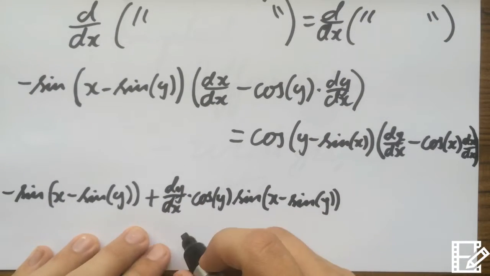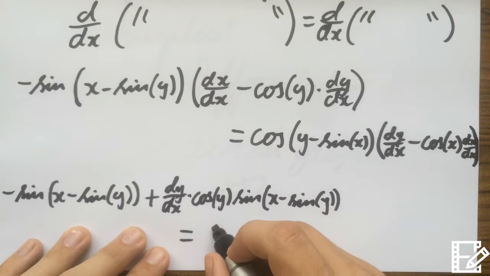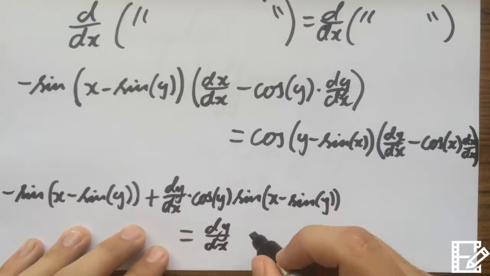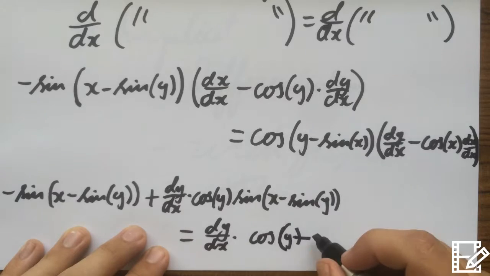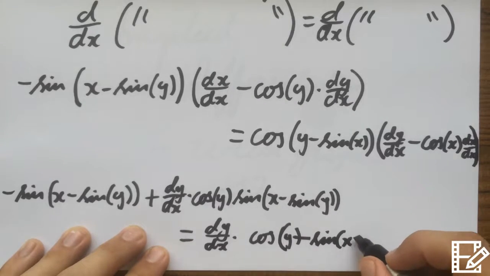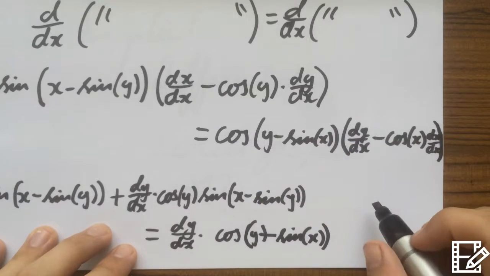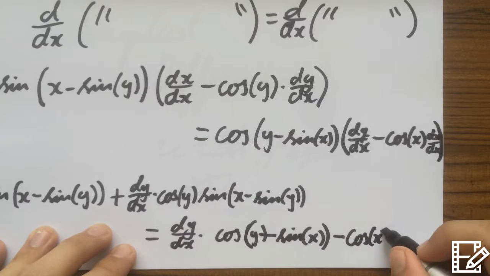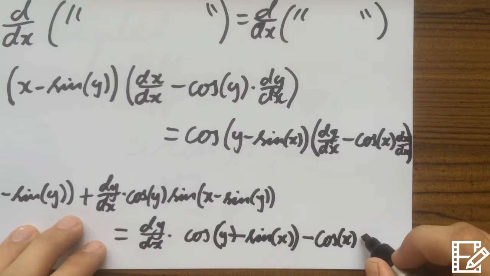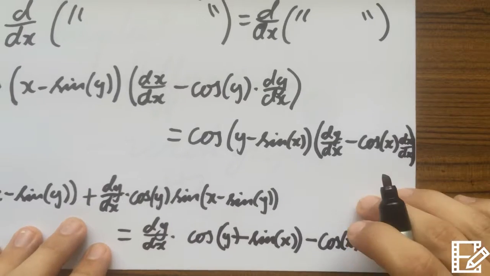And that will equal, I'll expand this out, the cos of this multiplied by the derivative is just the derivative multiplied by the cos of that. Now cos of this multiplied by negative cos x is going to be negative cos x multiplied by cos y minus sine x, that's sine x, by the way, very small.